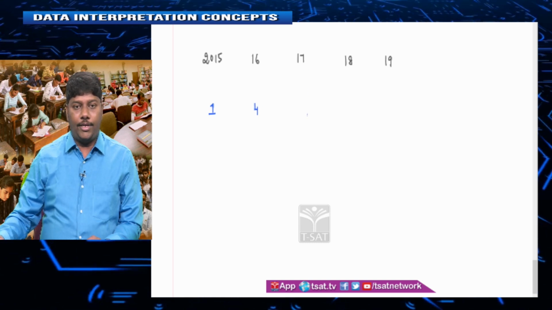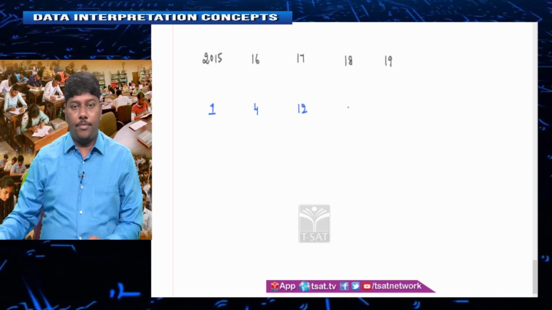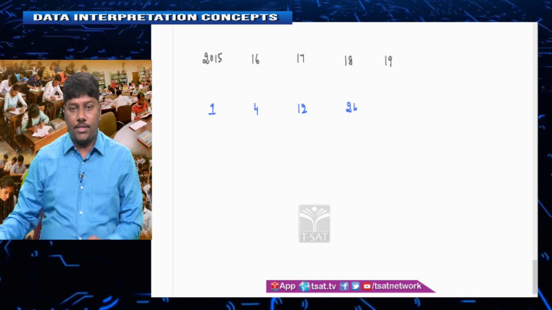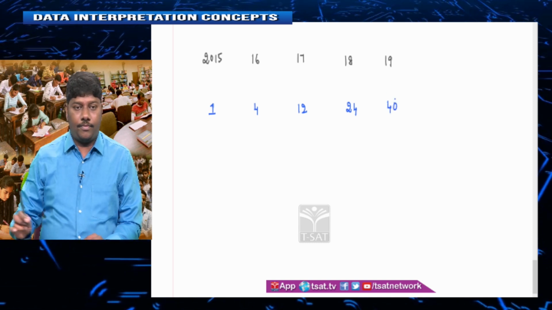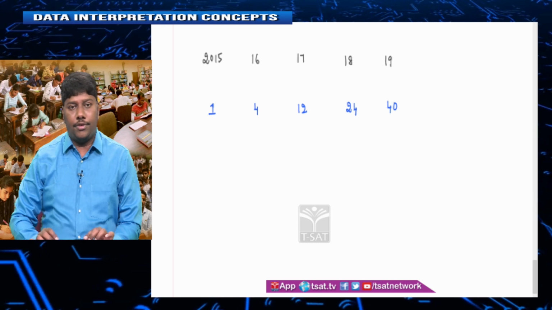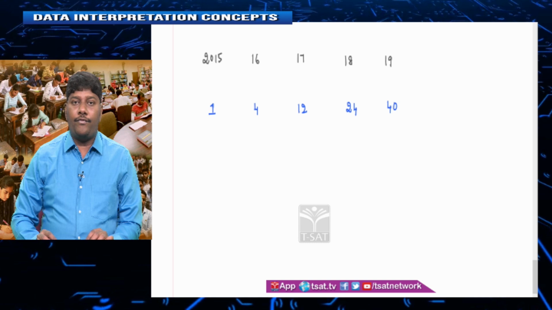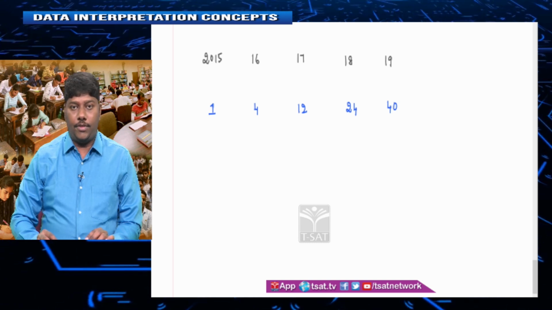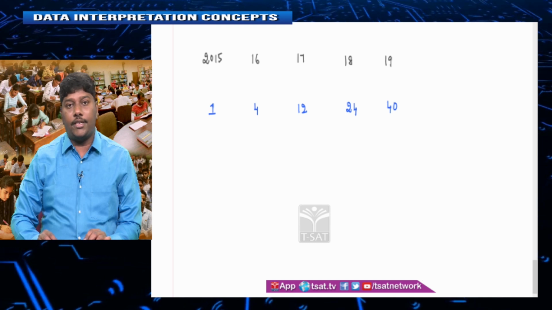In 2017, it became 12,000 cars. In 2018, it became 24,000 cars. In 2019, it became 40,000 cars. Everything is in 1000, 2015 to 2019. If I ask you in between which two successive years the percentage increase is the greatest.